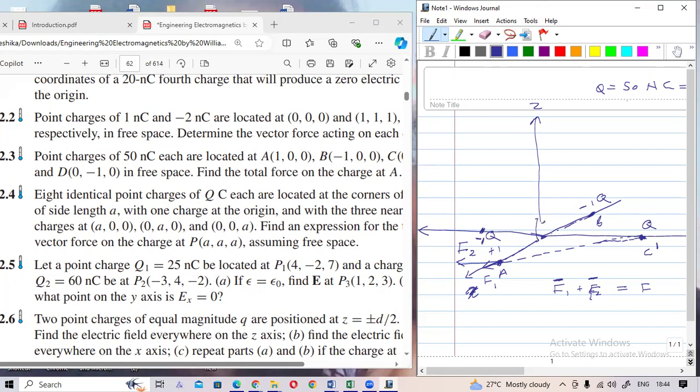So your point is here. This is another Q. Due to this Q also, there is a force like this. So you have another force, F3. To find the resultant vector, you have to consider F3 bar also. Are you clear?